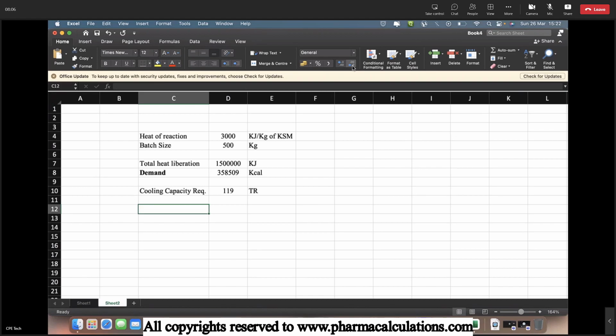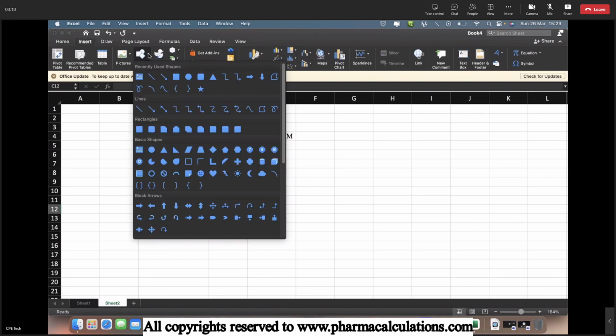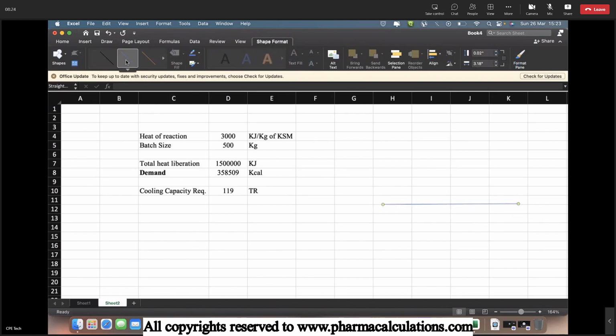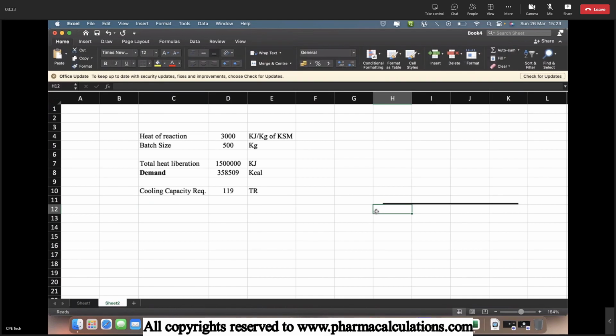And before estimating the consumption of liquid nitrogen, let's take a few properties of liquid nitrogen. Usually liquid nitrogen will be available in the range of -196 to -210 degrees centigrade. So let's say this is a temperature scale. Here it is approx -210 degrees centigrade, and this is -196 degrees centigrade, and the phase is liquid here.